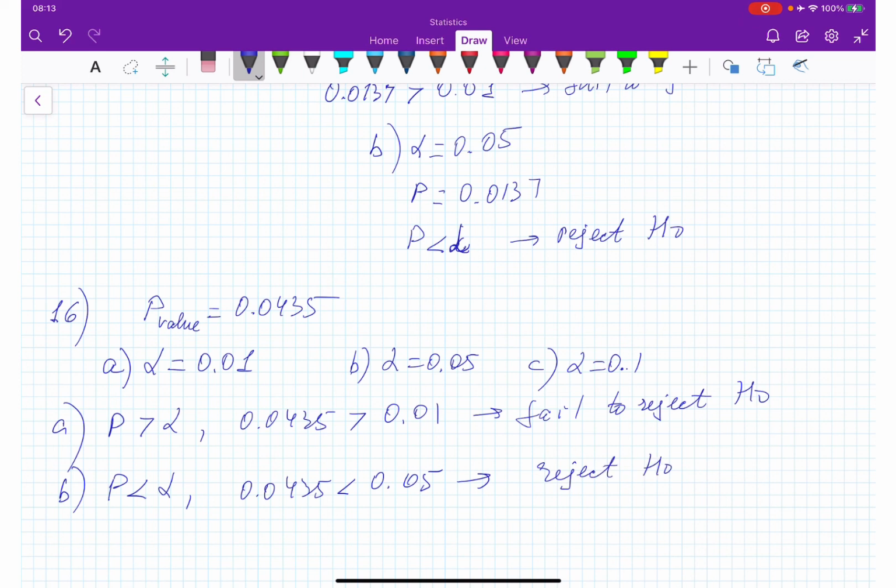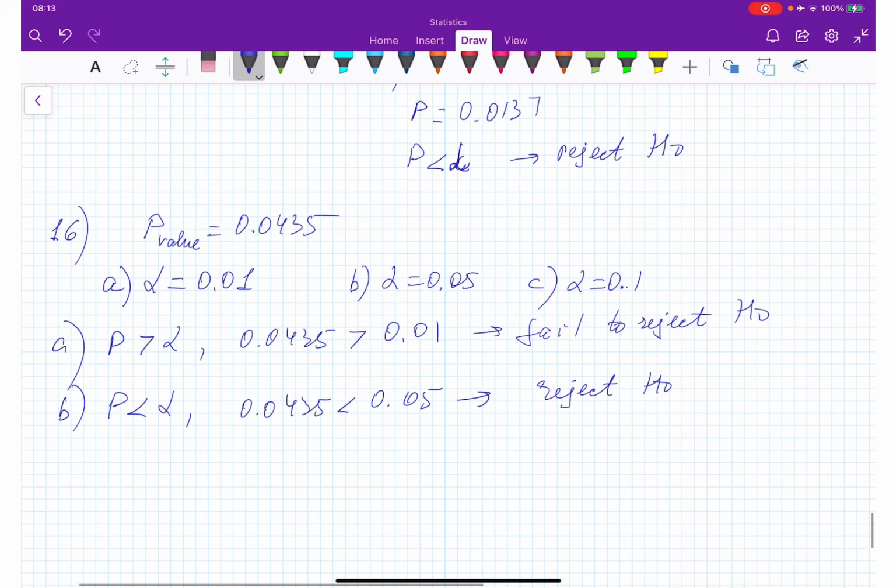And for case C, the p-value 0.0435 is less than 0.1, which means we reject the null hypothesis.